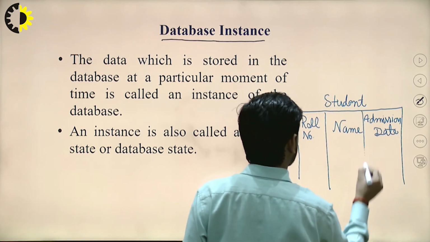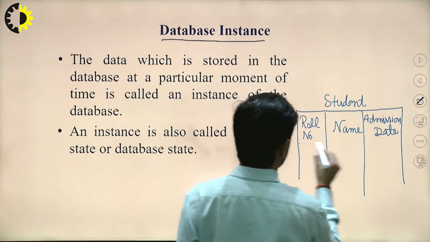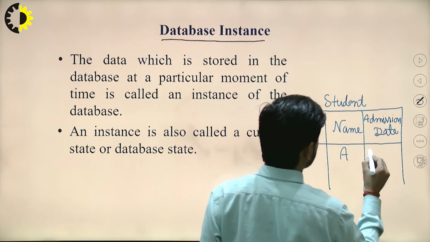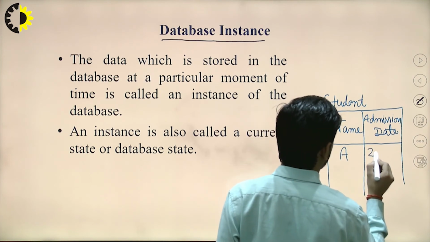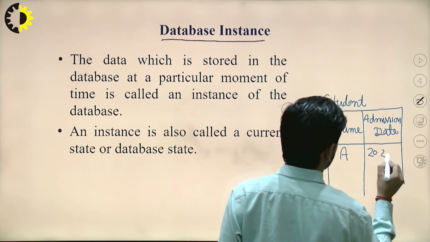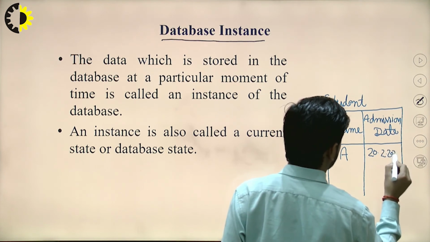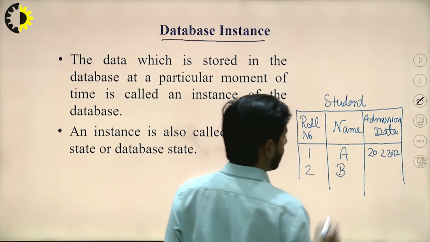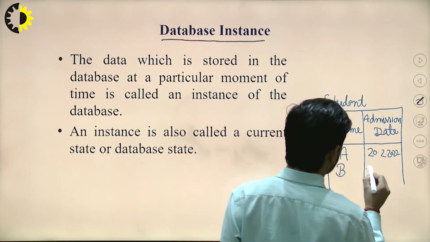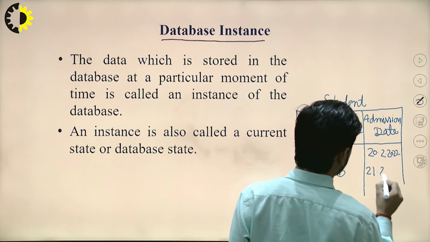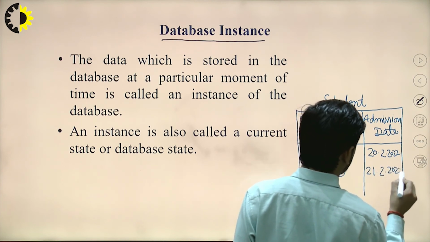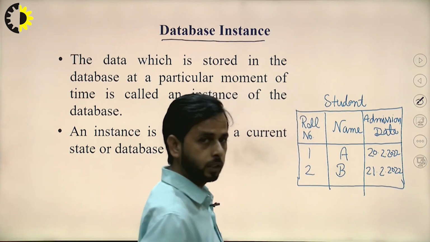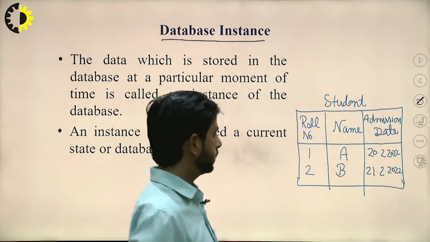Now suppose admissions are going on. Roll number is 1, name is A, admission date is suppose 20 Feb 2022. Now roll number 2, name is B and admission date is 20 February 2022. At this moment it is known as a database instance.